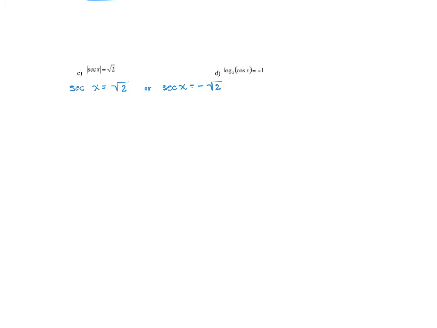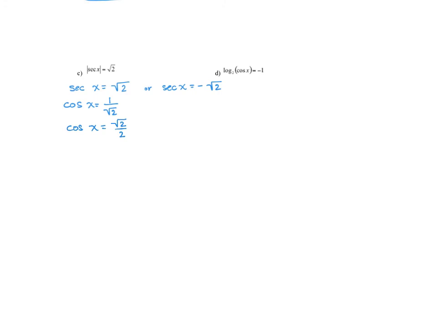Reciprocal function of cosecant is sine. So sine of x is equal to 1 over rad 2. No rads in the denominator gets me the sine of x is equal to rad 2 over 2.